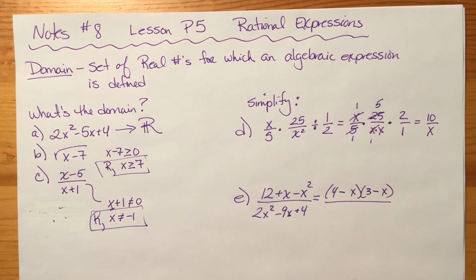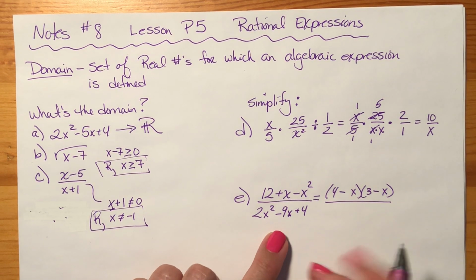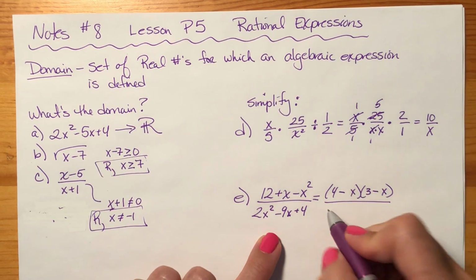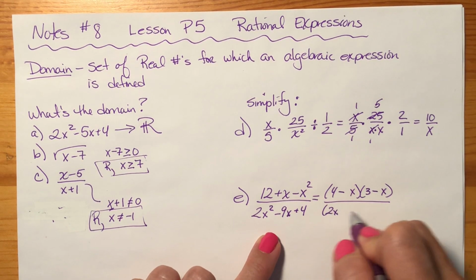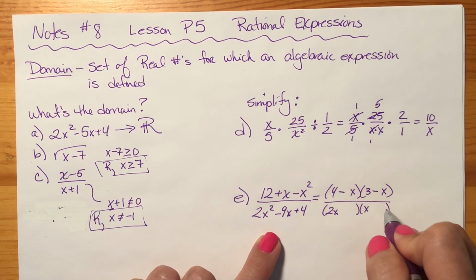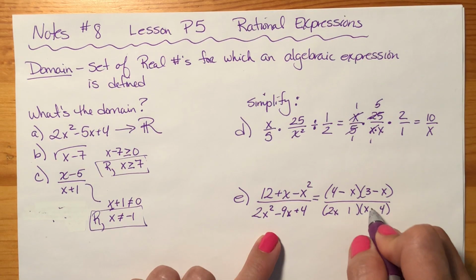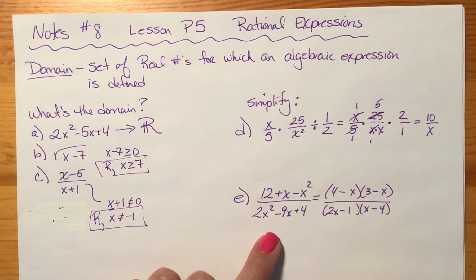Try to fight the urge to do that. That's always something in Honors Algebra 2 that the kids always want to do in Chapter P. And then the denominator, we've got to factor that. I'm thinking 2x, 4, how about x, 4 and 1, is that going to work? 8 and 1, yeah, that's going to give me the 9 that I want in the middle, okay?